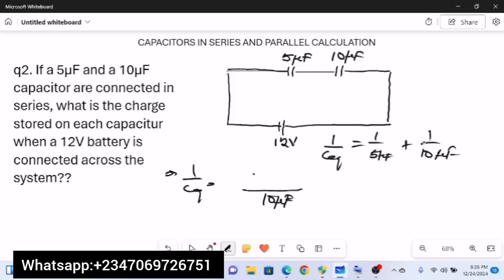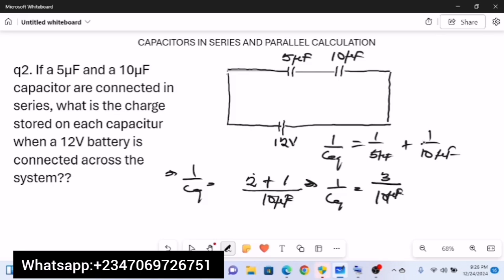So 10 microfarad goes into 5 microfarad 2 times; 2 times 1 gives us 2, plus 10 microfarads divides 10 microfarads, that's 1; 1 times 1 gives us 1. So 1 all over C equivalent is 2 plus 1, which is 3 all over 10 microfarad.